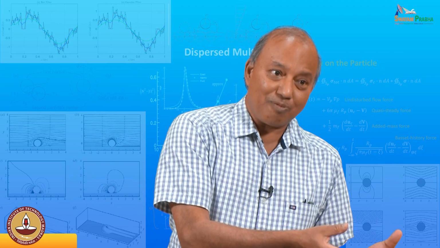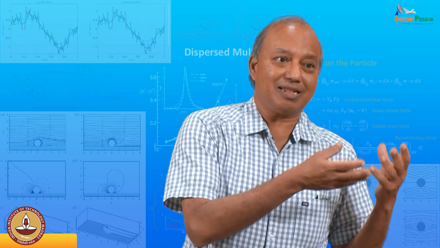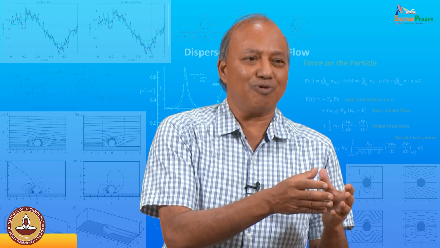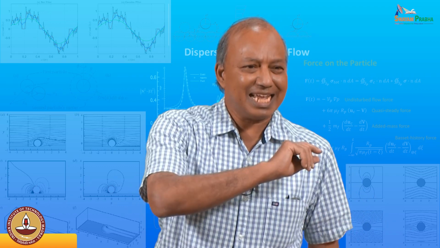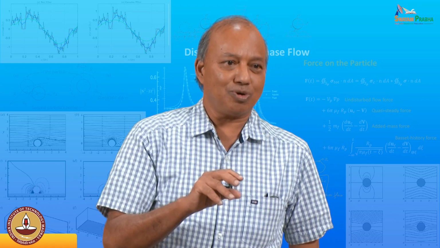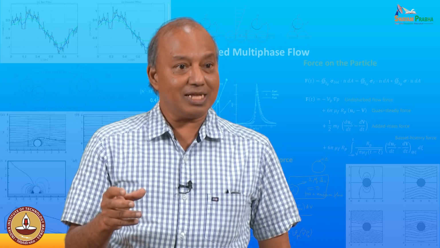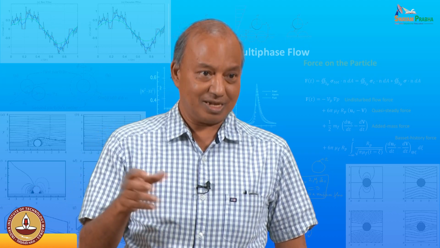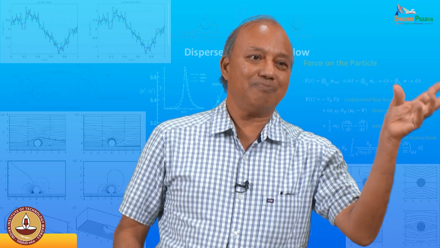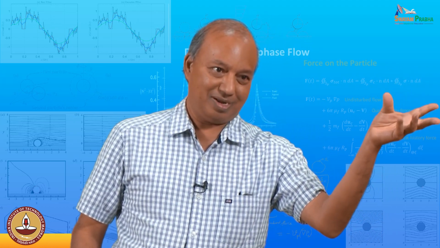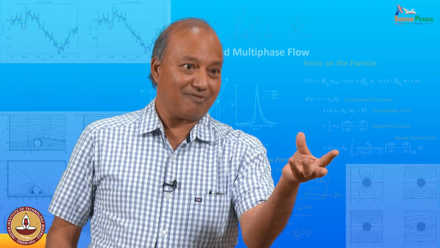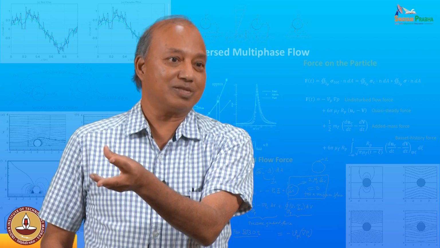It still obeys, and whatever it does is dictated by the flow, but it has a little bit of its own mind. So, it doesn't quite exactly follow the fluid; it has slight slip, and that depends on the Stokes number. So, the particle velocity, we will write later in this course, is equal to the fluid velocity plus something that depends on the Stokes number. And if we know what that thing is, then if you measure the particle velocity, you could back out and find what the fluid velocity is.